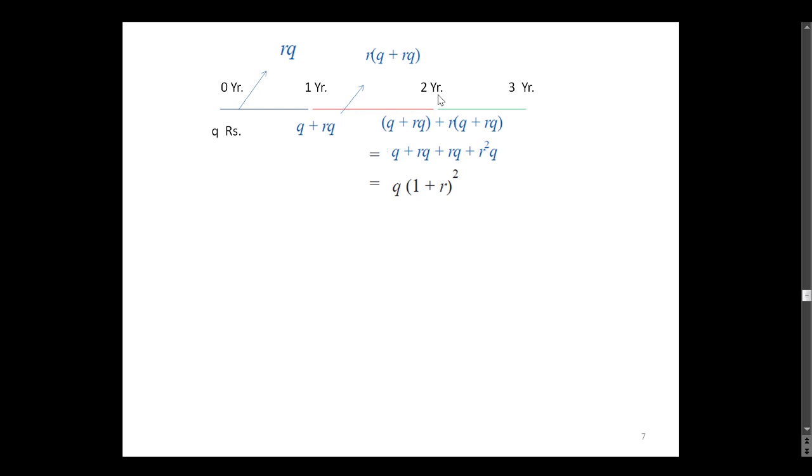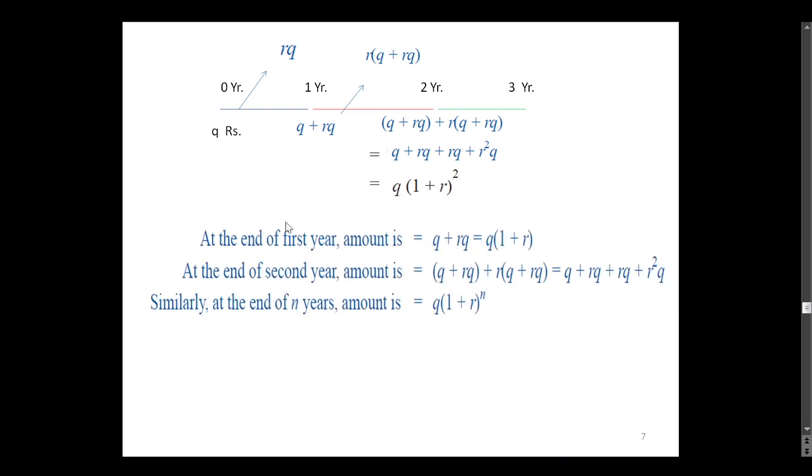So at the end of second year, this deposited amount, that is Q plus RQ as it is, plus the interest, will be R(Q plus RQ). So by doing this addition, we get Q(1 + R)^2. So at the end of second year, the Q quantity will become Q(1 + R)^2. At the end of first year, the amount is Q plus RQ, that is Q(1 + R).